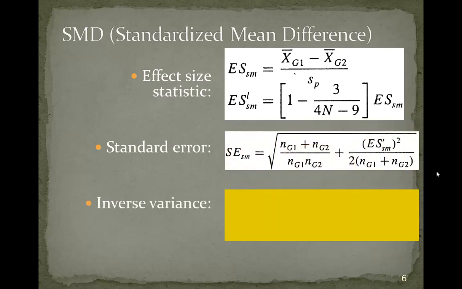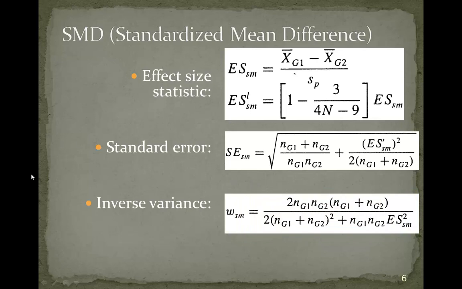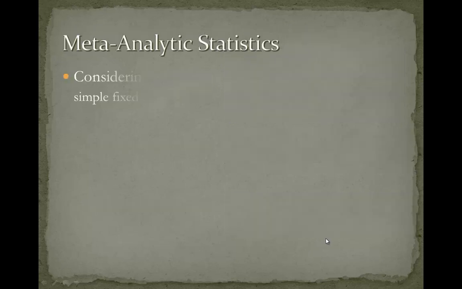Very complicated, long equation. You've got the different sample sizes in there that you're comparing between the two groups. And then the effect size itself shows up in the standard error. That's just how the math works out. And the inverse variance, equally complex, but essentially what's going to happen once you get to doing meta-analytic models is that the studies with bigger samples are the ones that are going to have more weight in the analysis. I'll literally show you how that's the case.